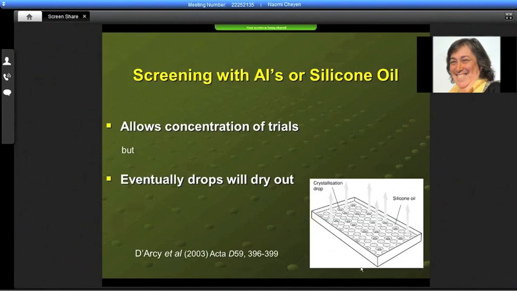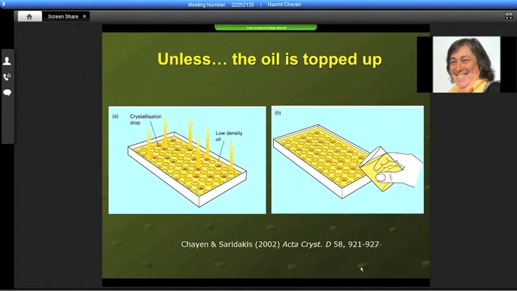So really, paraffin seems like it won't work, but over time it does, and it's safer from that point of view. If I have to choose, I even screen with paraffin oil, because over time you get crystals. Here there is this problem of drying out, but you can overcome it by topping up the oil.